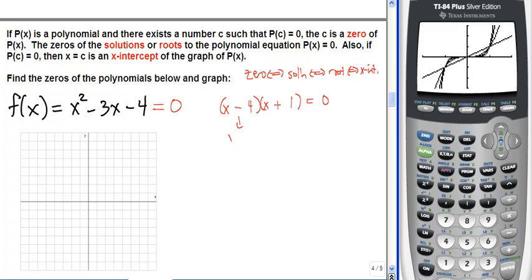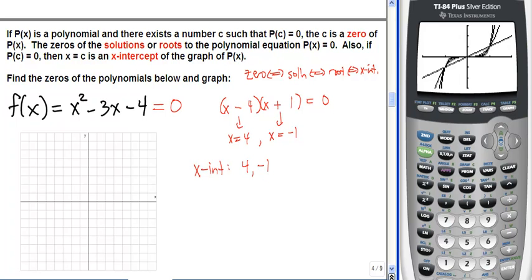So that means I get x equals 4 and x equals -1 as my 2 solutions. So the x-intercepts would be at 4 and -1. So 4 and -1 are called the zeros of the polynomial, the solutions of the polynomial, the roots of the polynomial equation, or the x-intercepts on the graph.